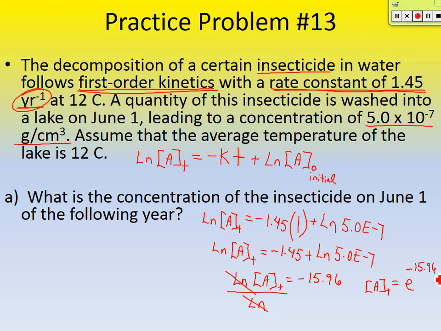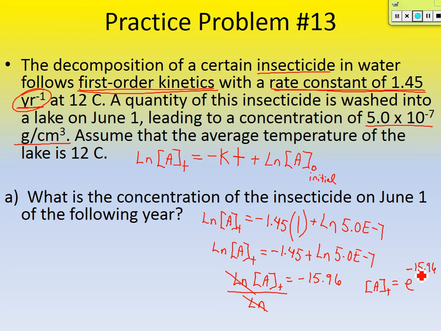Did you follow what I did right there? So the opposite of natural log is e. And so if we raise e to both sides, you're going to have to raise e to that power. So do you see where the e button is, guys? You have to hit the second function on our calculators and type in negative 15.96.